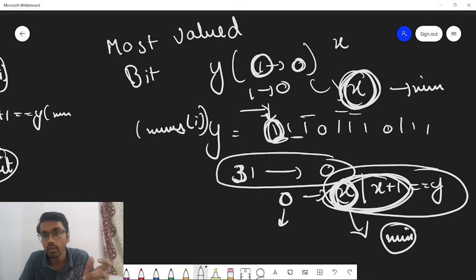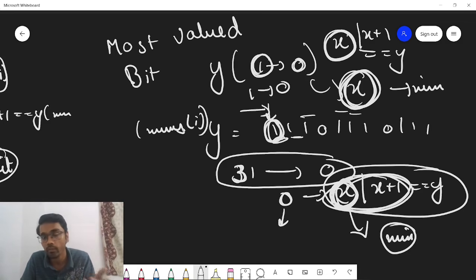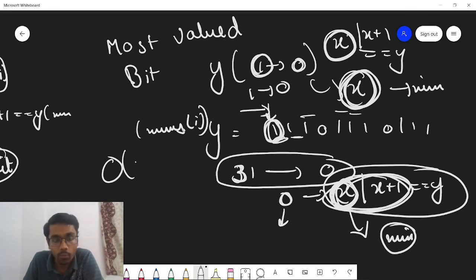Obviously if we unset the most significant bit, the resultant x will be the minimum value possible, provided it satisfies the condition that x OR x plus 1 equals y. This is how we'll do this solution. This is the most optimized solution, which gives us a time complexity of n times 31.